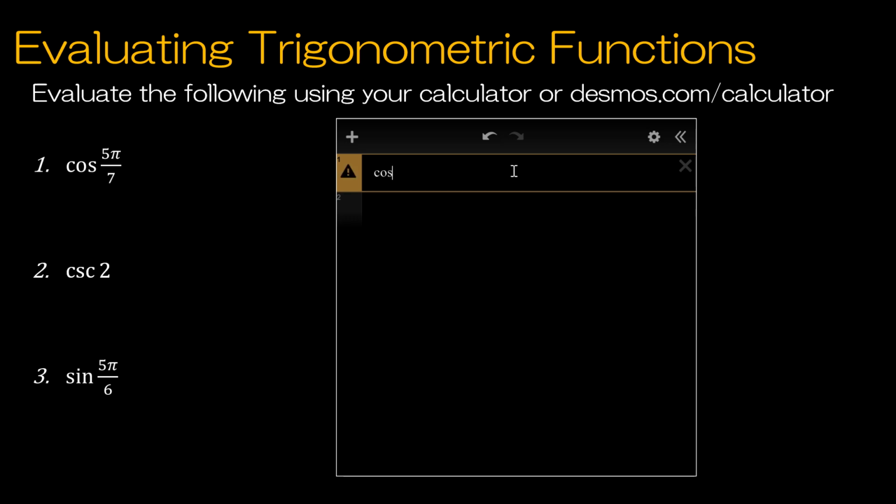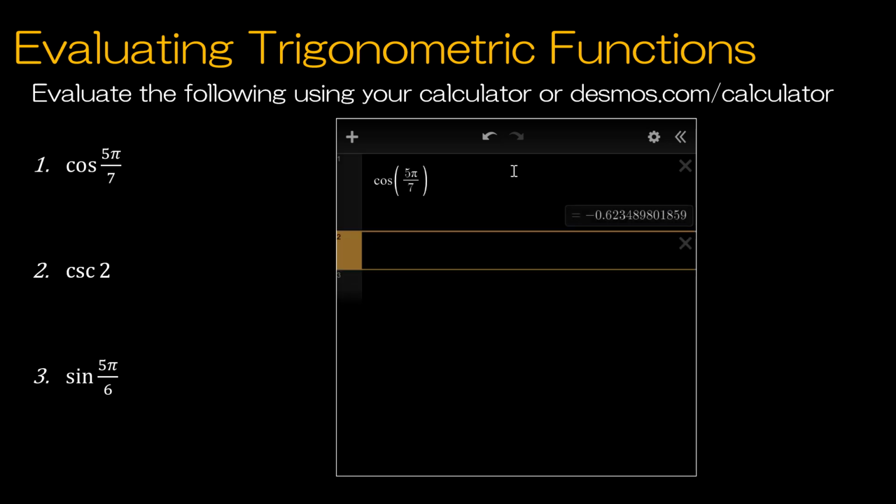Now, one of the great things about Desmos is as I'm writing it, I can put 5 pi and it automatically converts it to pi for me, divided by 7, and you can see that it's calculated that solution for me. You can also go down to the bottom left of your screen and choose the little keyboard icon so you can actually click on pi, but it's easier just to do it this way.